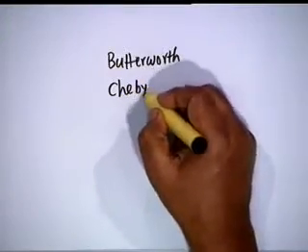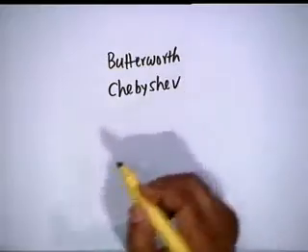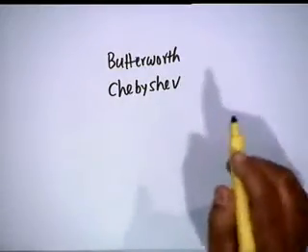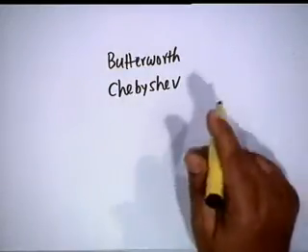And as far as low pass filters are concerned, we shall concentrate on 2 types, namely Butterworth and Chebyshev. Because in most of the practical cases, these 2 types suffice.